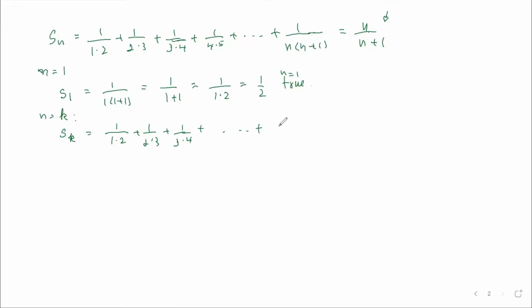Until this one, 1 over k times k plus 1. Replace n with k, that's all. And this one becomes k over k plus 1. Okay, so n equal to k is assumed true without proof, correct?